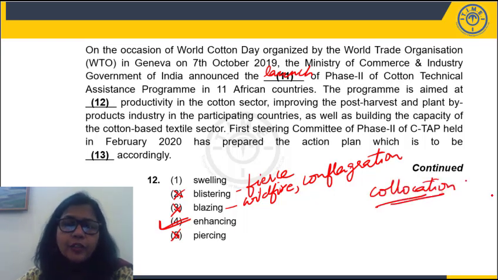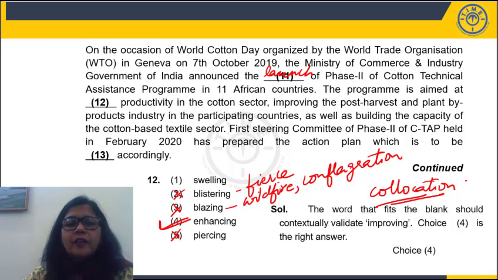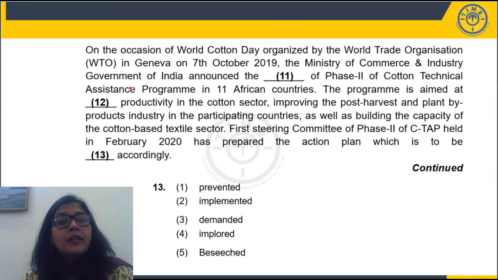Yes, which word is the best fit in which situation? 2 words may be synonyms, but not replacements for each other. Yes, correct answer is the fourth one. So we have launch and enhancing.